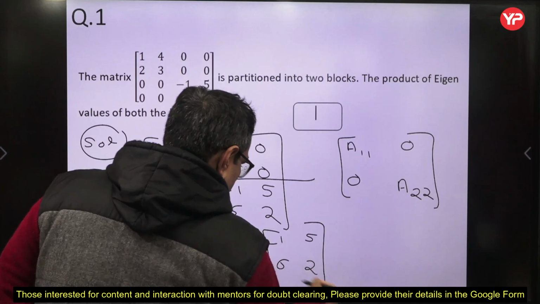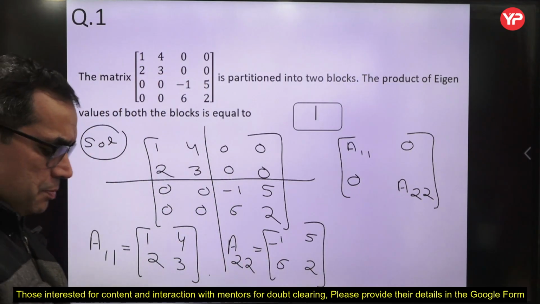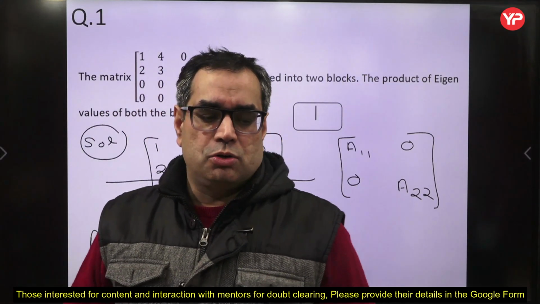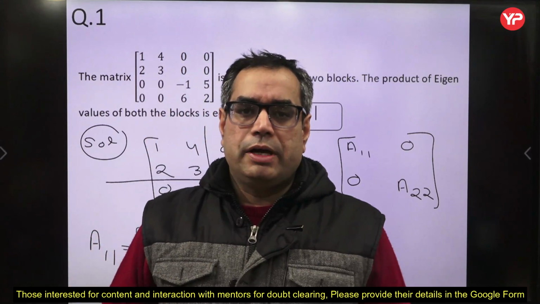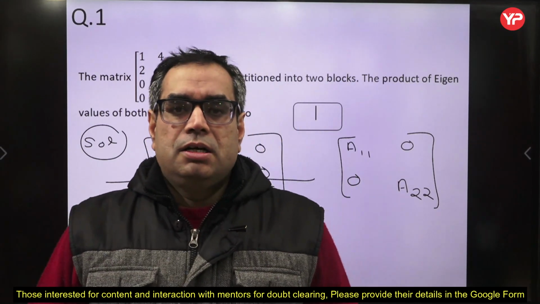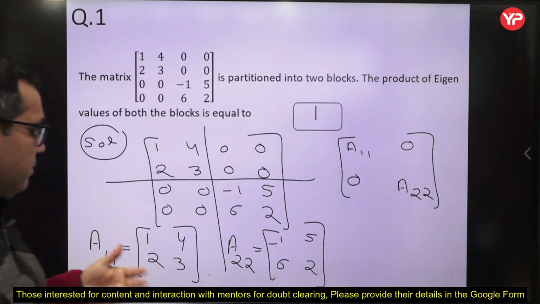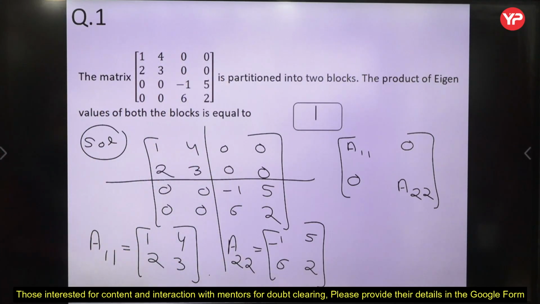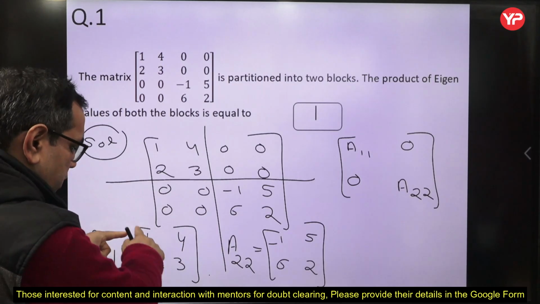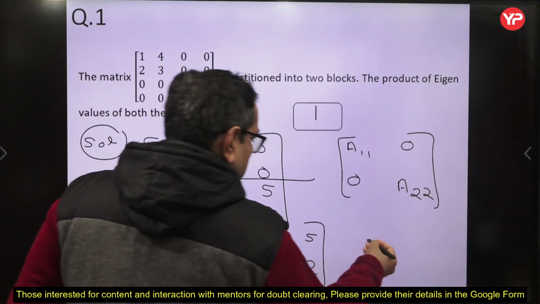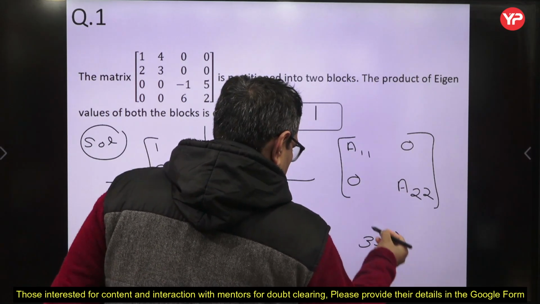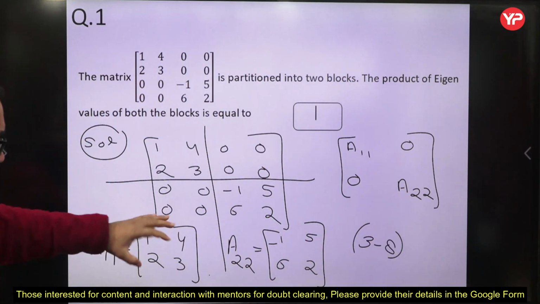Now we know that in a matrix the product of eigenvalues is just equal to the determinant of the matrix. So we have to calculate the determinant of the matrices and then multiply those determinants, and we will get the product of eigenvalues. The determinant of the first is 3 minus 8, which is minus 5, the product of eigenvalues of this matrix.